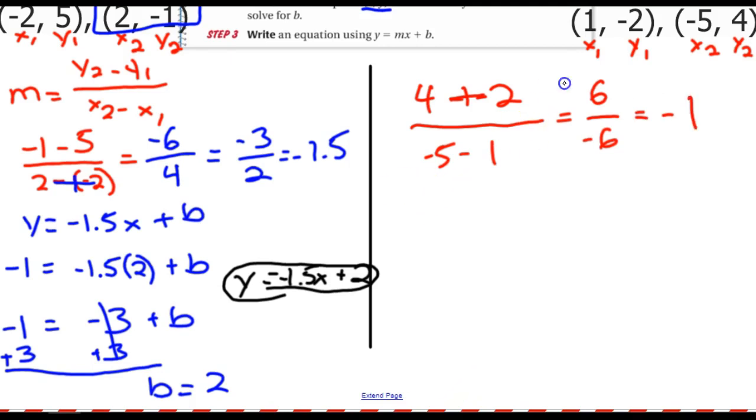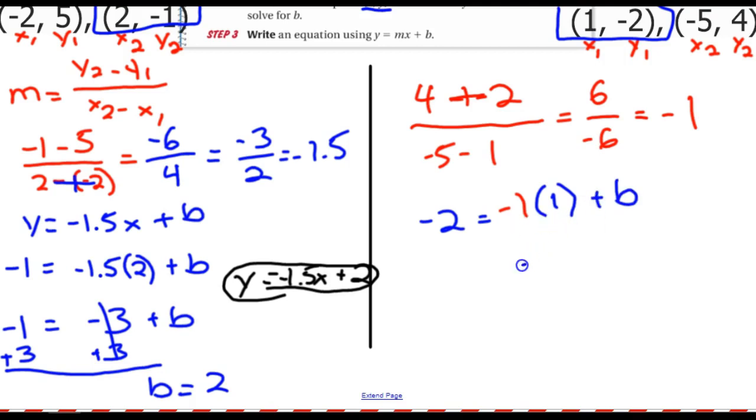So now I'm going to pick one of my points to put into my equation. I think I'm going to put 1, negative 2 in there. So for y is negative 2 equals negative 1 times 1 plus b.